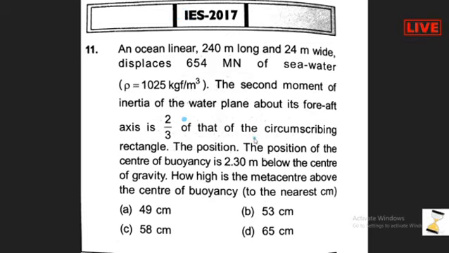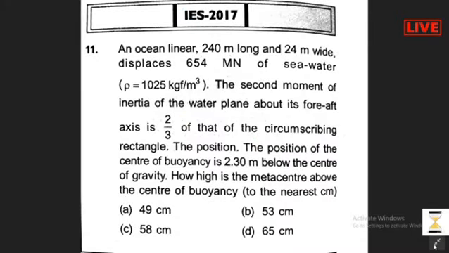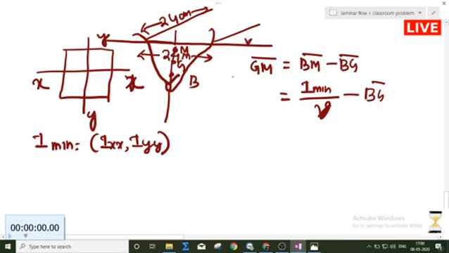So BG: the center of buoyancy is how much below? 2.30. This is the position of the center of buoyancy, and this is the center of gravity, and this distance is 2.30 meters.